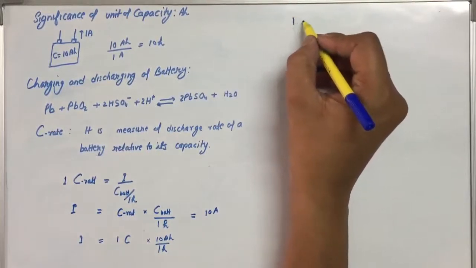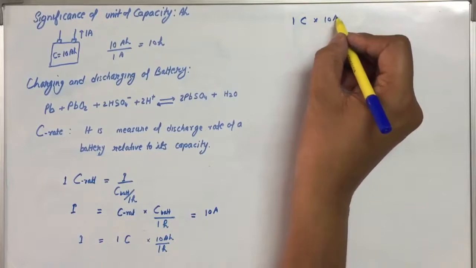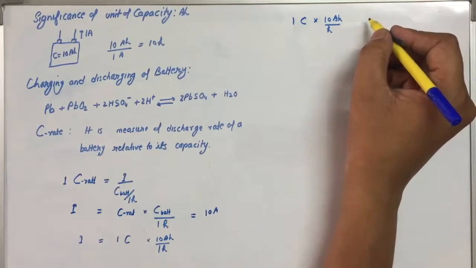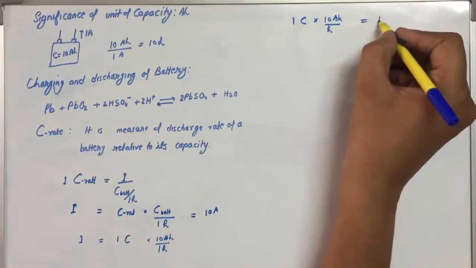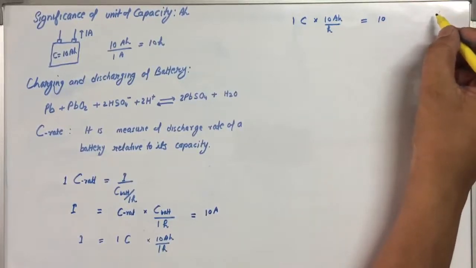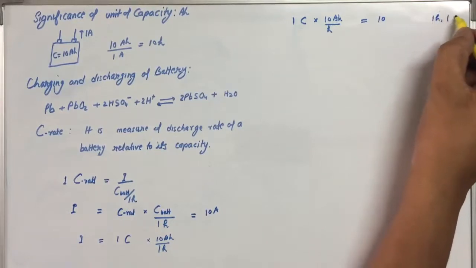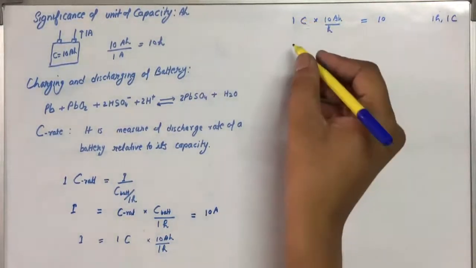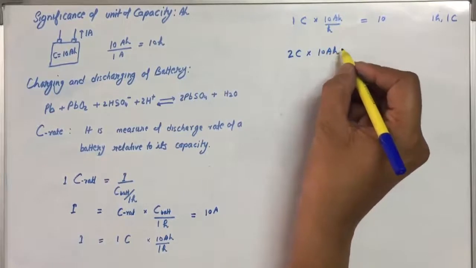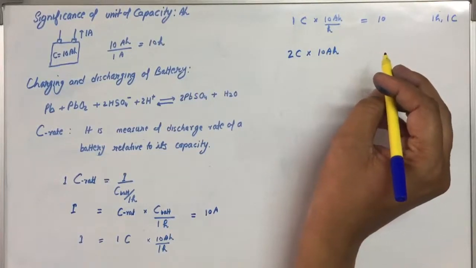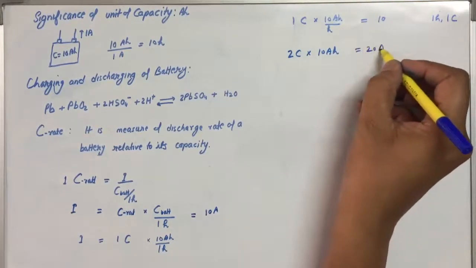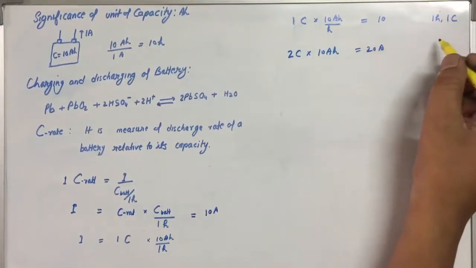Mathematically we can write it. For 1 C, a 10 ampere hour battery corresponds to a discharge current of 10 ampere over 1 hour. So here we can write 1 hour, 1 C of the battery. Similarly, for a C value of 2 and a capacity rating of 10 ampere hour, it corresponds to a discharge of 20 ampere for half an hour.